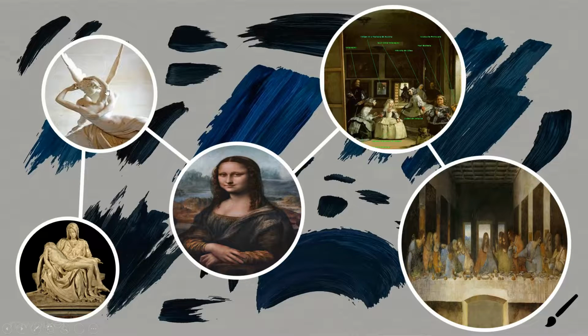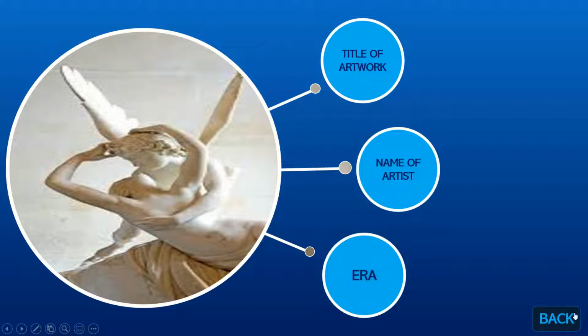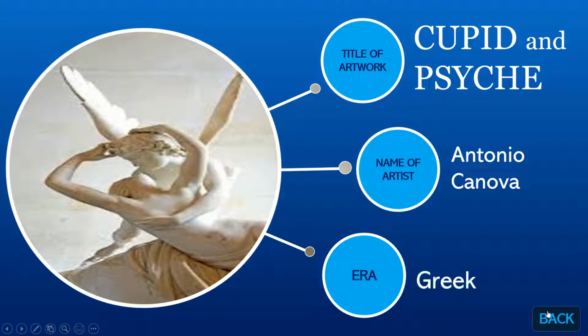Next picture. What is the title of artwork, name of artist, and era? This artwork is called Cupid and Psyche by Antonio Canova, and it is from Greek.